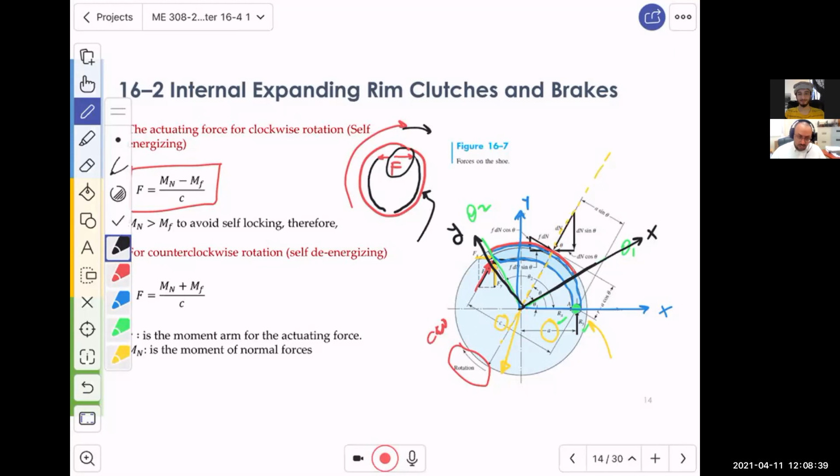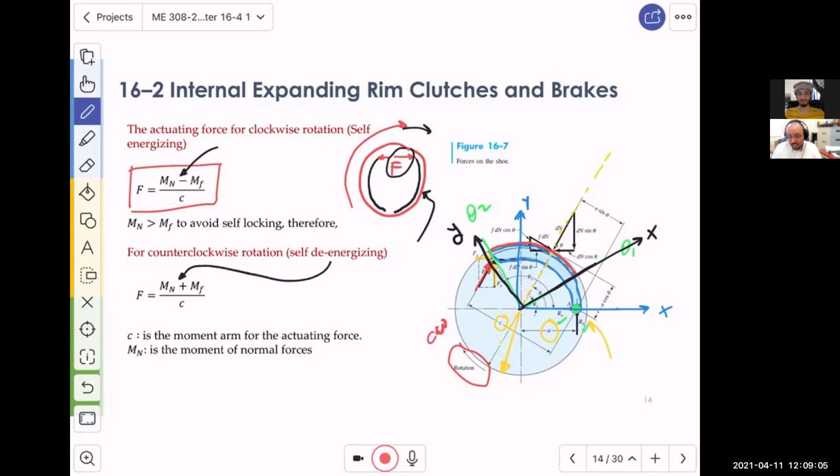Self-energizing is the condition in which we have a subtraction, which means that by applying a load, the friction will help you reach the maximum pressure. While for de-energizing, you're actually adding these together.